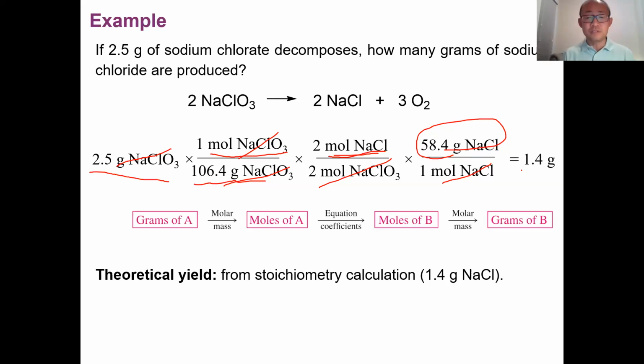So 3 steps. The first step is converting the grams of sodium chlorate to the moles of sodium chlorate. Second step, mole to mole. And third step is converting the moles of sodium chloride to the grams of sodium chloride. Of course, I cancel the units. I do all the math: 2.5 times 2 times 58.4 divided by 106.4 divided by 2.